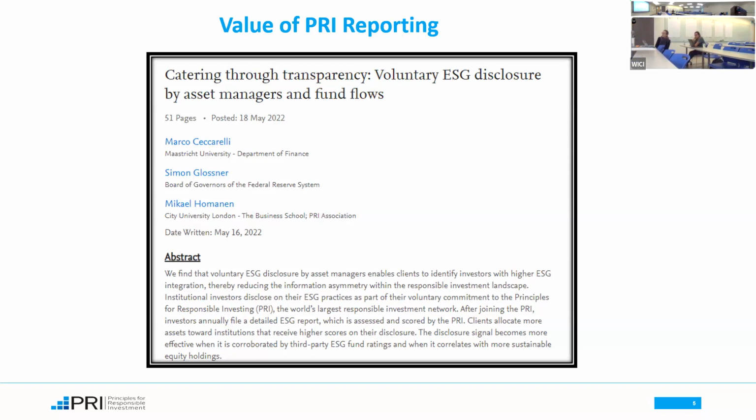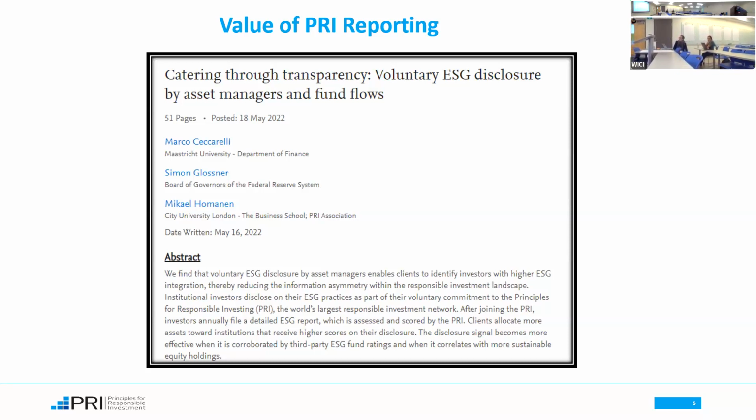There are many stakeholders, but one is, for example, asset owners. So it's about giving the information so that asset owners can select investment managers that are advanced on sustainability. So this was one of our early research papers with academics a few years ago, where we tried to understand whether PRI's reporting framework was doing its job effectively.